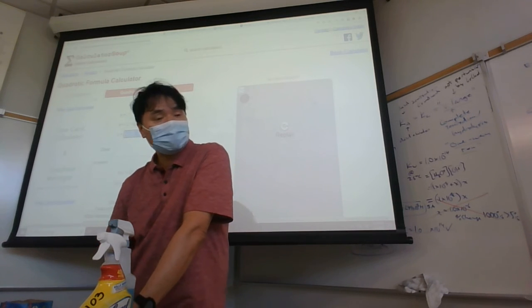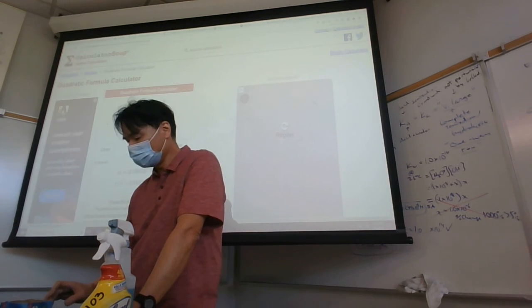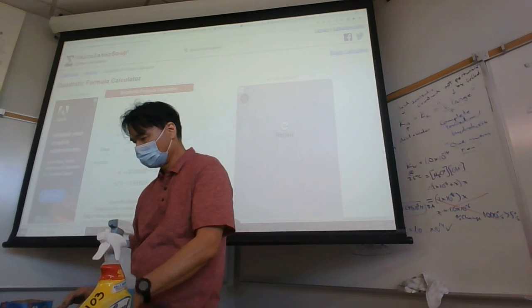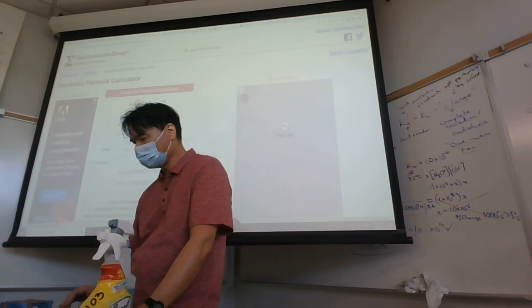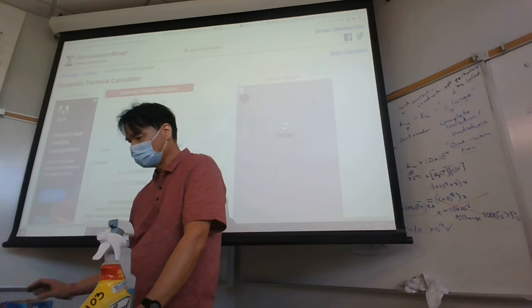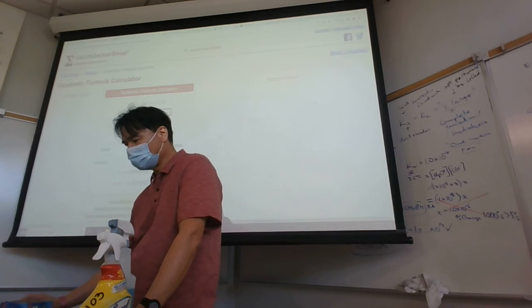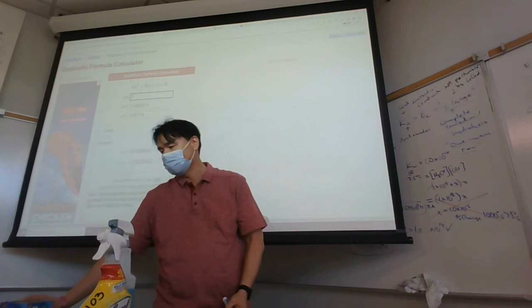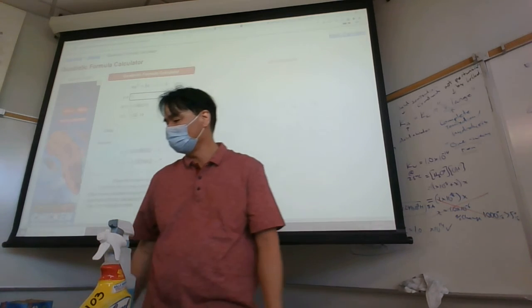C is equal to negative 1 times 10 to the minus 14. Let's calculate that. X can't be negative, so we'll take the positive root: 9.89 times 10 to the minus 8.